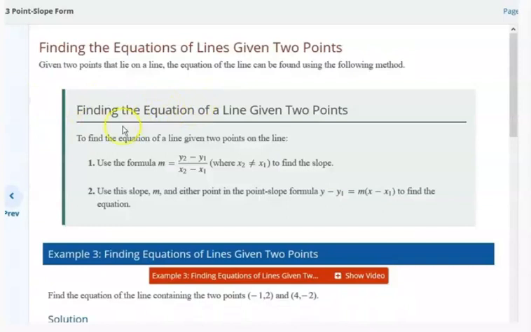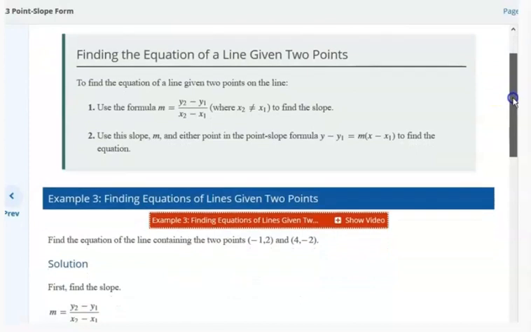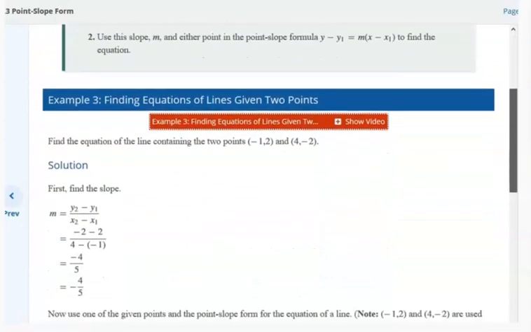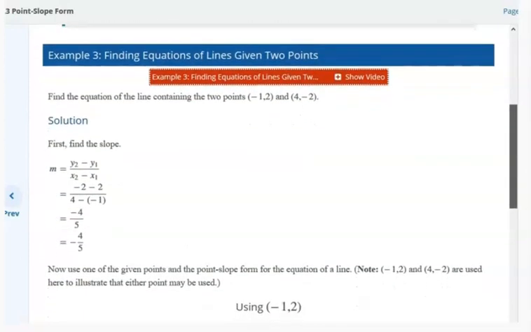Now for some background, as we look at this slide, it says finding the equation of a line given 2 points. Well, here we'd have to, for example 3, we have our 2 points. The first thing we'd have to do is to find the slope.